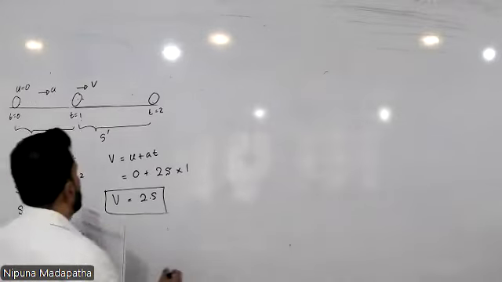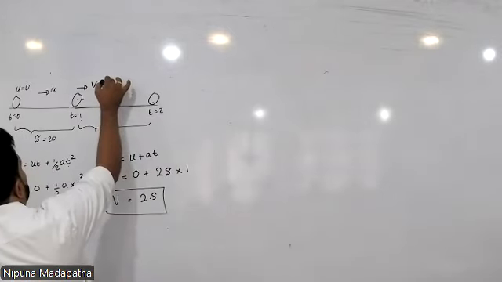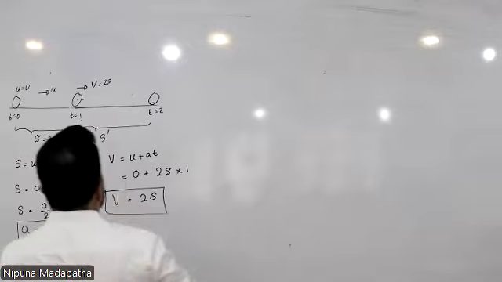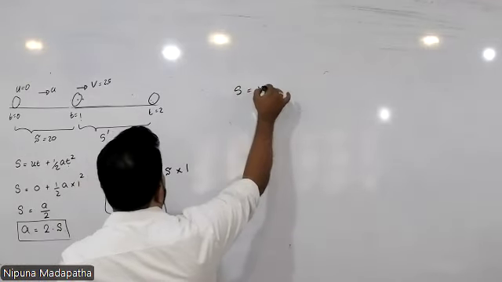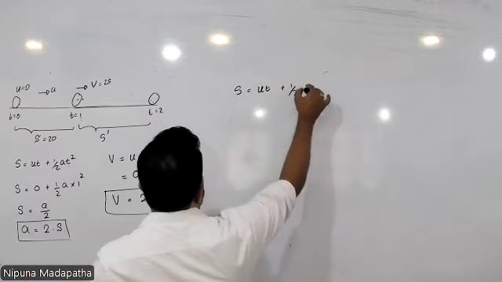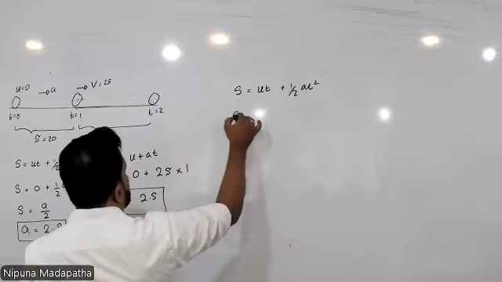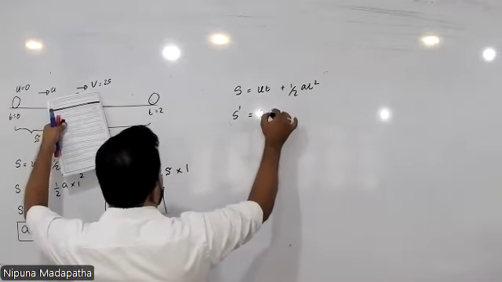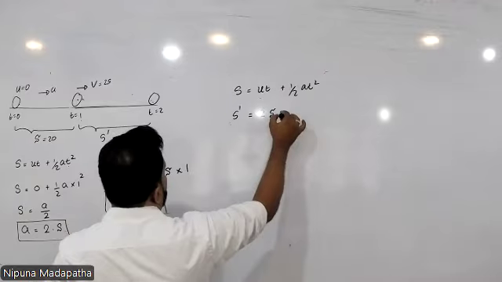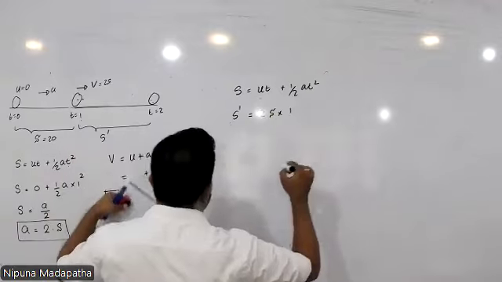Then let's find the distance it has traveled during the second second. Again, use s equals ut plus half at square. Now the distance is s dash. Initial velocity here is v, which is 2s. Time is 1 second, from 1 second to 2 seconds.